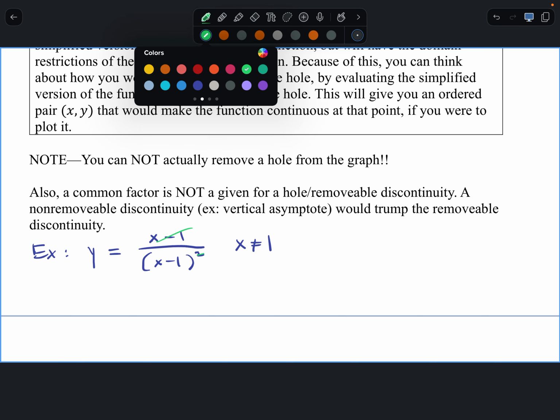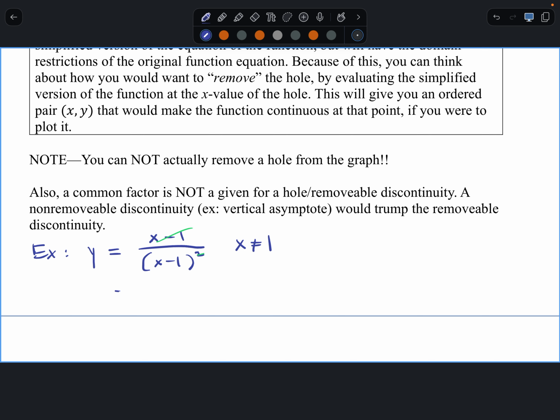But if you look at the simplified version of the equation, remember the graph looks like this guy. What's actually happening at 1? Undefined. Well, it's undefined, but graphically what's happening at x equals 1? It's a vertical asymptote, right?